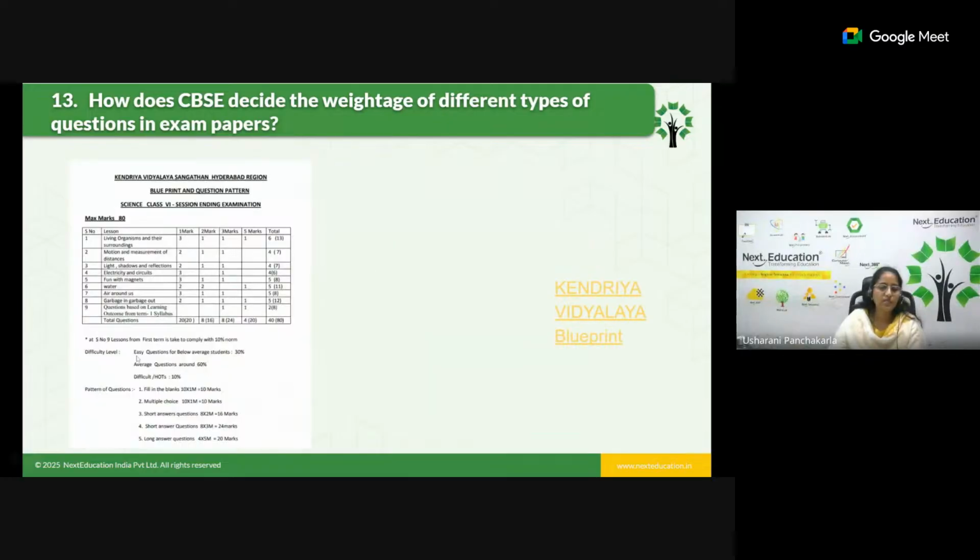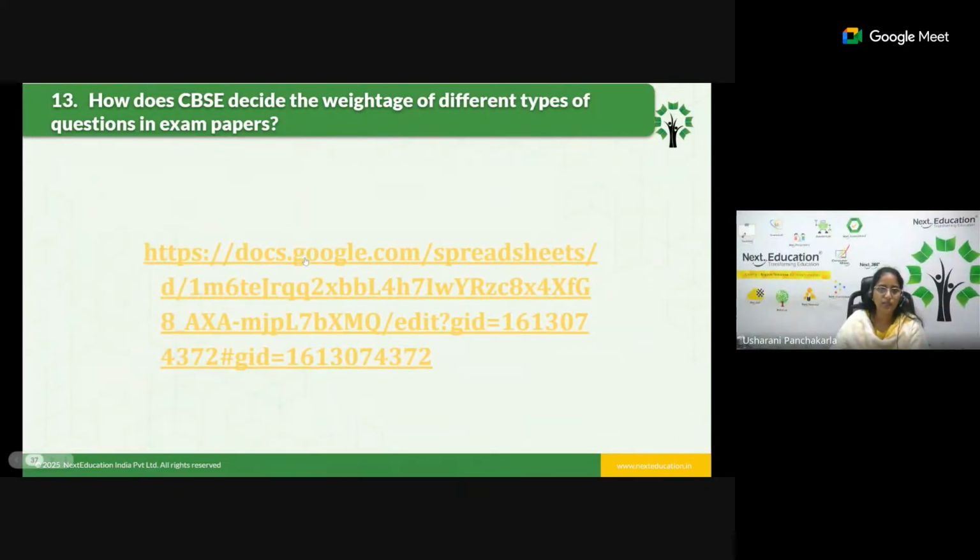And again, this is what Kendriya Vidyalaya gives with respect to the blueprint, how to create it. But now here we are emphasizing the learning objectives, with respect to Bloom's taxonomy. Here we are emphasizing the chapters and the sections. But we want something where everything is integrated, something like this.